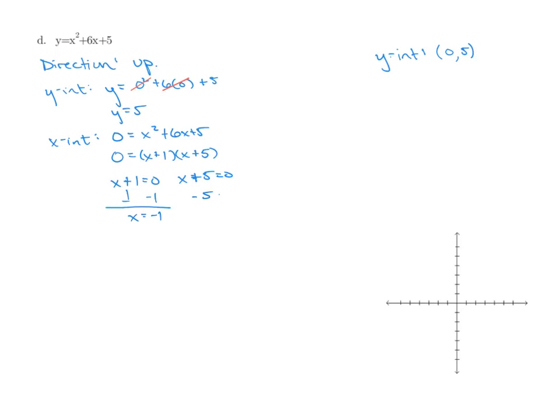We can subtract 5 on both sides, and we get x equals negative 5. So our x-intercepts are negative 1, 0, and negative 5, 0. Okay, vertex.